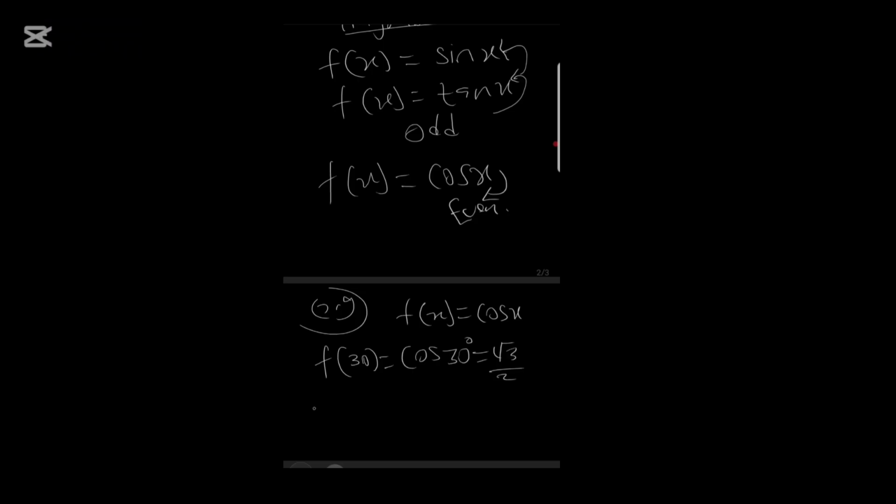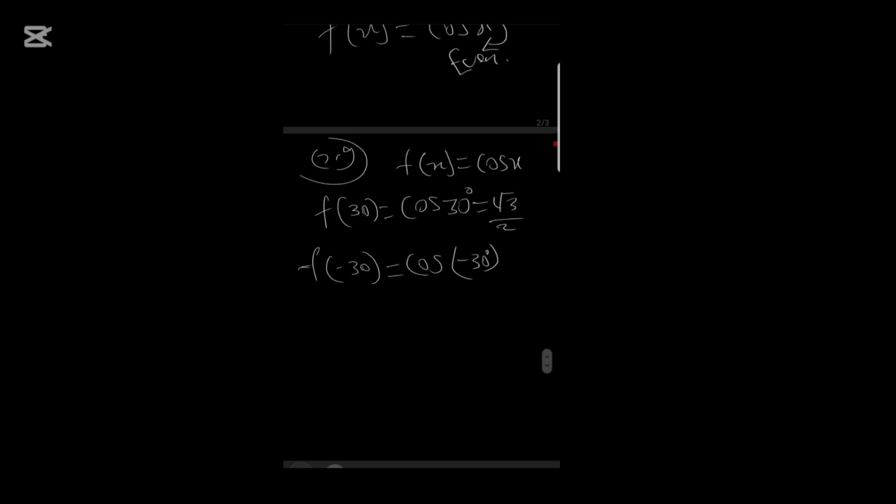So now if we try f of minus 30 degrees, it will be cos of minus 30 degrees. If you use your calculator and press cos of minus 30 degrees, you will still have square root of 3 over 2.